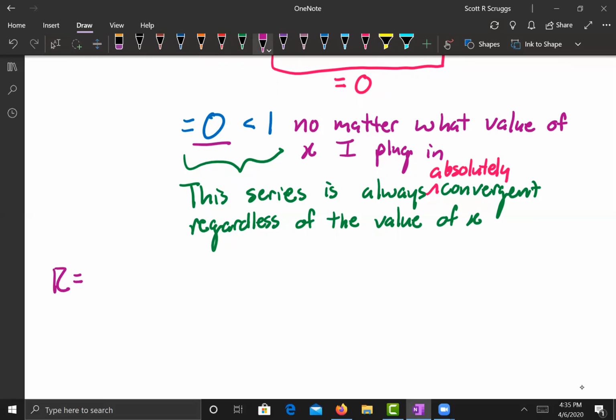And so because what this work is telling me is that the series will always be absolutely convergent no matter what the value for x will be, what do y'all think my radius of convergence will be for that problem? Or a better way to phrase it, is there a cap where I can go? Bingo. And I agree with you, Luke, Anthony, Isaac. Because my power series will always converge regardless of the value for x that I plug in, that means my radius of convergence is infinity.